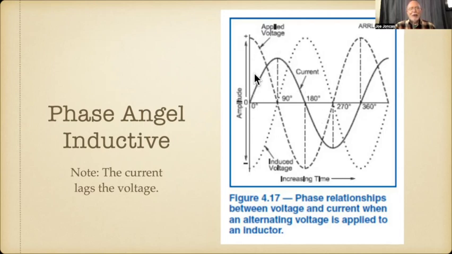I mean, this is the current right here. If the voltage starts out here, the current is here. So as the voltage goes down, then the induced voltage is going from being down toward the positive, and then that allows the current to get started. So notice that the voltage that's applied here is behind the current. So the current in this case leads the voltage because it's in front.